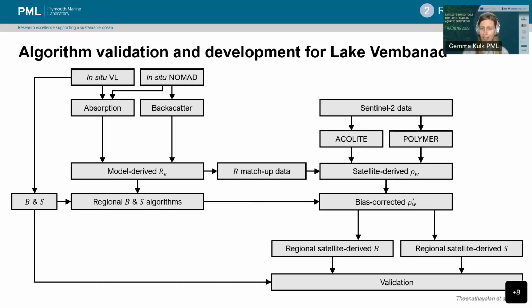The bias-corrected satellite reflectances were then used as an input to the regional satellite-derived algorithms for chlorophyll A and for total suspended matter. I realize that this diagram is complex, and I will talk you through all of the different steps in more detail, starting with the in situ data sets that Farinan used for this study.